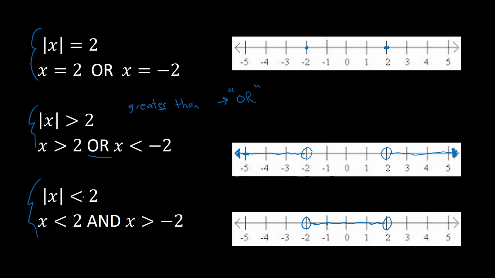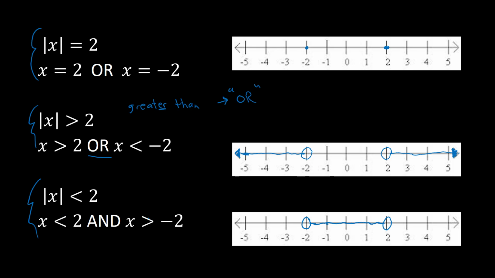And then down here we have our third and final representation with a less than sign. So when you set up your 2 cases with a less than sign, it's very similar to the first one, where the only difference is the connecting word. So your first case, you just take out the absolute value sign. We have x is less than 2. So basically rewrite this, just take out the absolute value sign.